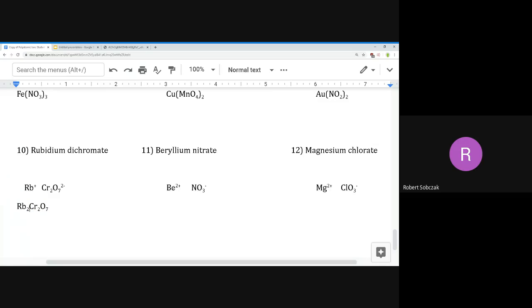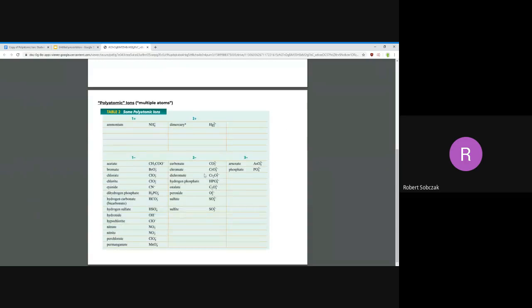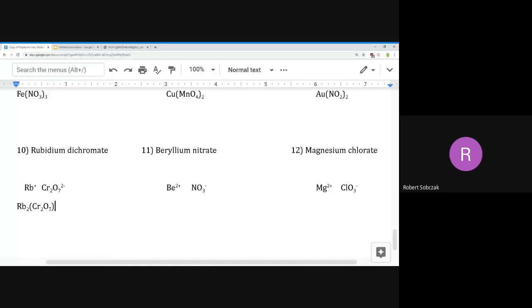I am going to mention really quickly for number 10, because we're starting to get into these really annoying looking ions, one thing that I tell people when they're first starting with this: if people are having trouble being consistent, it is totally okay, every time you see a polyatomic ion, anything that is on the second page right here, to just put it in parentheses.